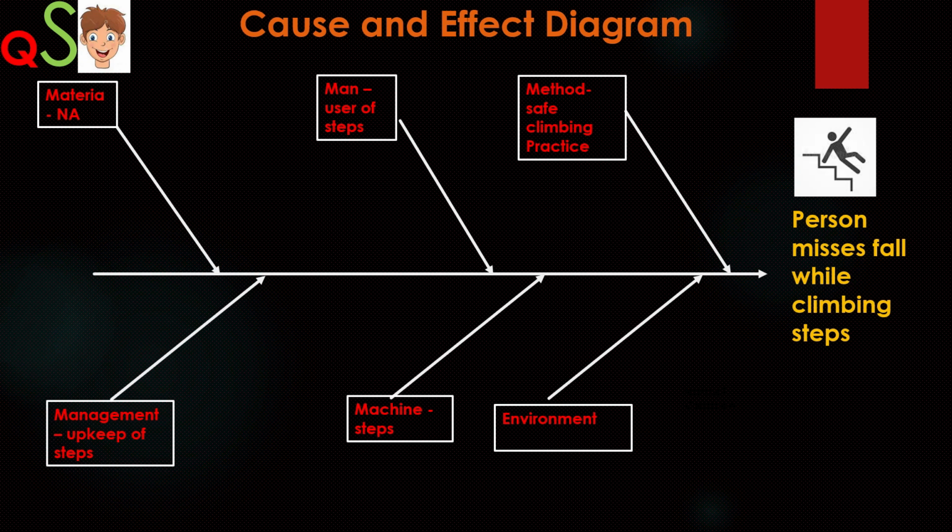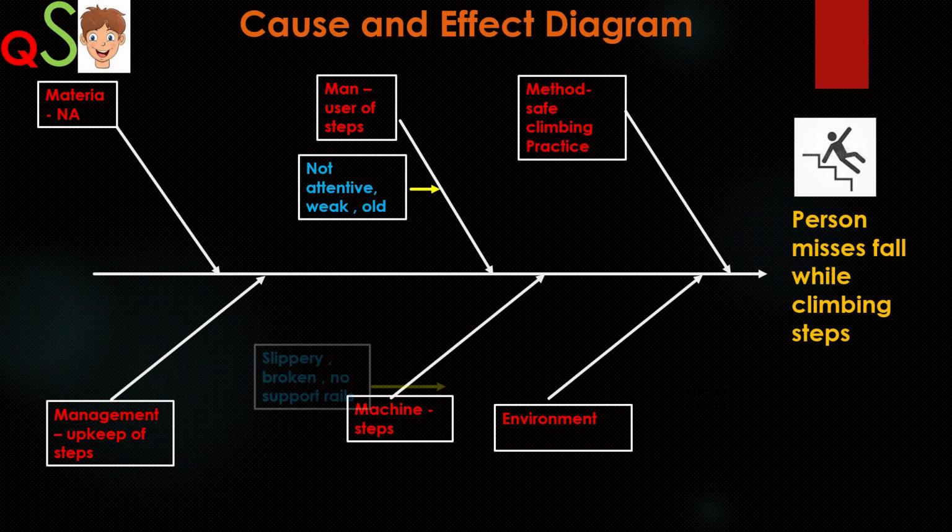Suppose one person misses a step while climbing up the staircase and escapes a serious fall. Let's try to know the likely root cause using this tool in this diagram. Man, the person who is executing the process, that is climbing the steps, may not be attentive while climbing steps, or may be weak or old, that is lacks strength to comply with ideal safe way of climbing steps.